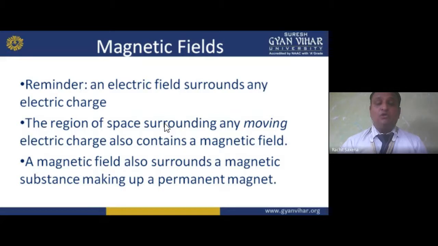What you have to do is take a permanent magnet and put a piece of ferromagnetic iron between it. After some time, it behaves like a magnet. So there will always be some residual magnetism you will find. So we can make a permanent magnet.